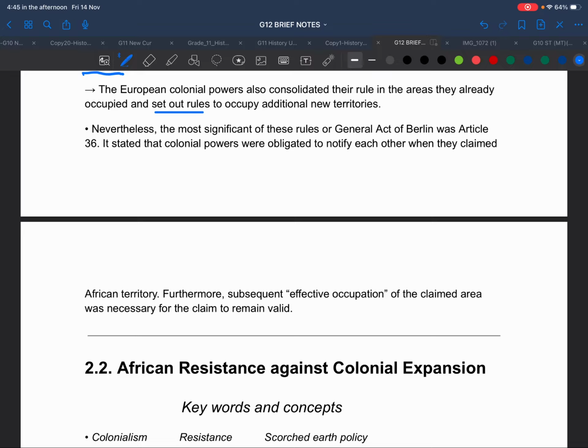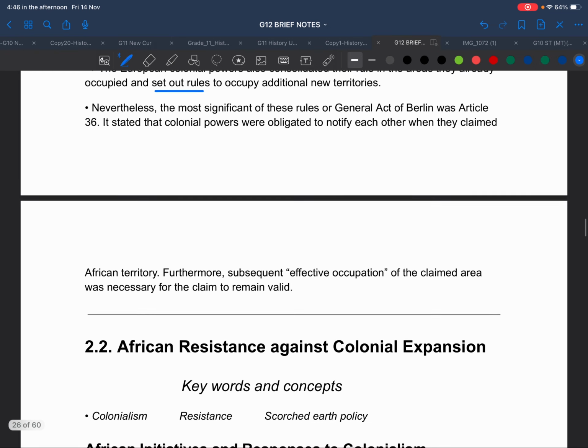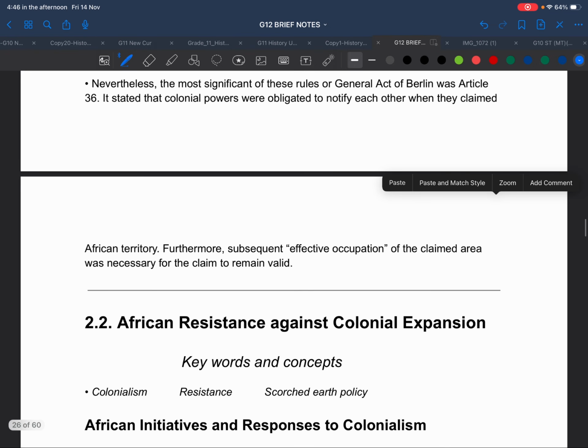Any colonial power should accept these rules, and therefore they set out rules in order to consolidate their rule in the areas of Africa. Nevertheless, the most significant of these rules, or General Act of Berlin, was Article 36.